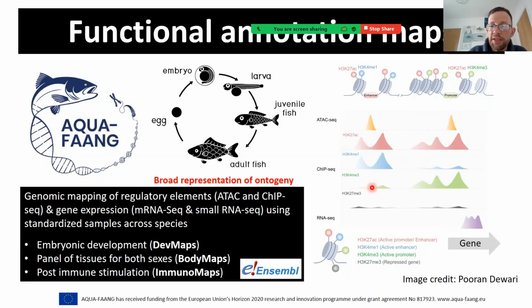H3K27me3 is laid down by the polycomb complex and marks genomic regions where transcription is being repressed. And we're also measuring the actual activity of coding genes and small RNA genes using RNA sequencing.